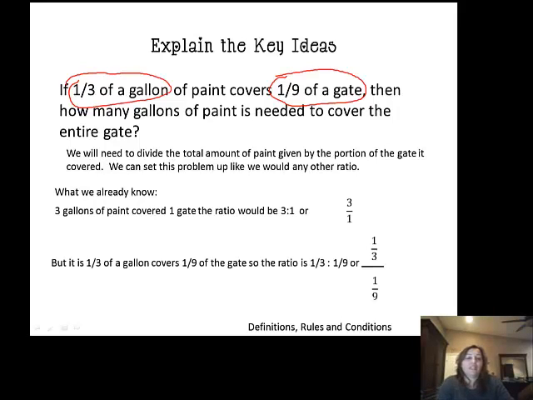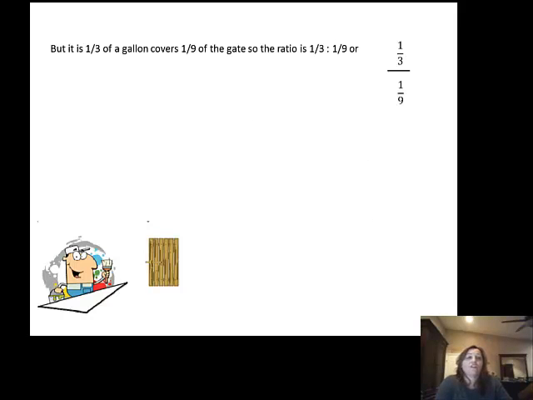But now we're using 1/3 of a gallon, which covers 1/9 of the gate, so the ratio is actually 1/3 to 1/9. Or you can write it as a complex fraction: 1 over 3, fraction bar, 1 over 9. So our 1/3 of a gallon covers 1/9, and we've written it as a complex fraction.